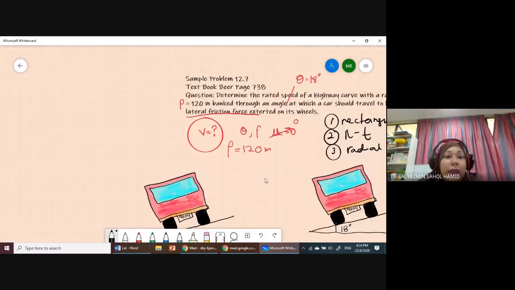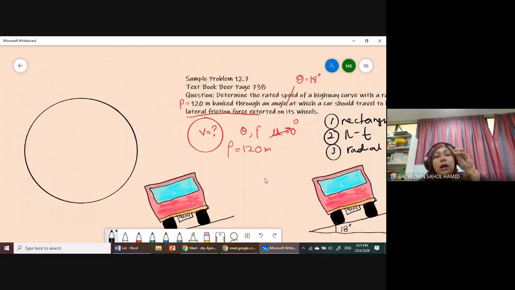So let's assume we have a curved highway here. This is the view from the top, and this is your car. The car is moving on a curved highway with rho equal to 120 meters, which is the radius.